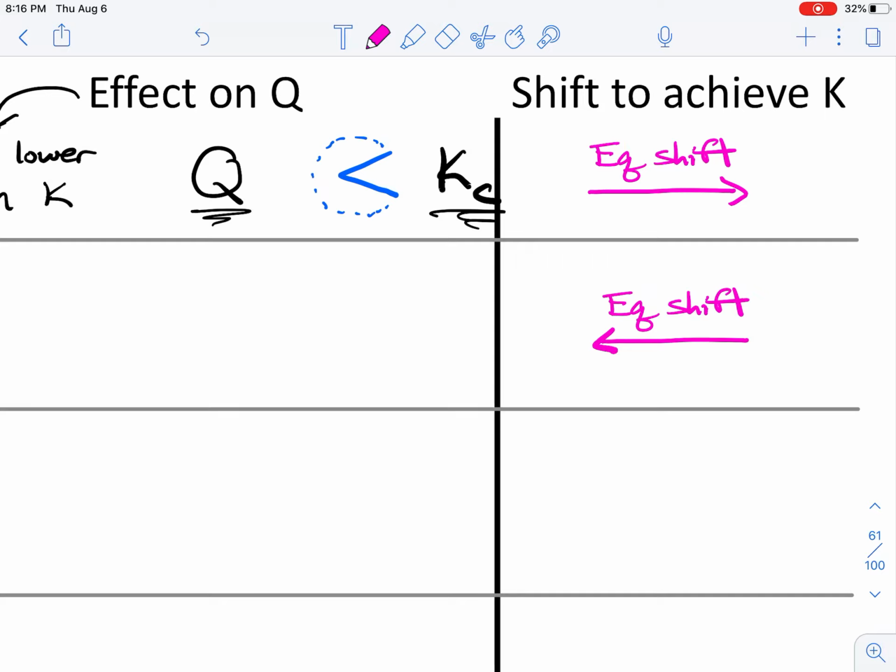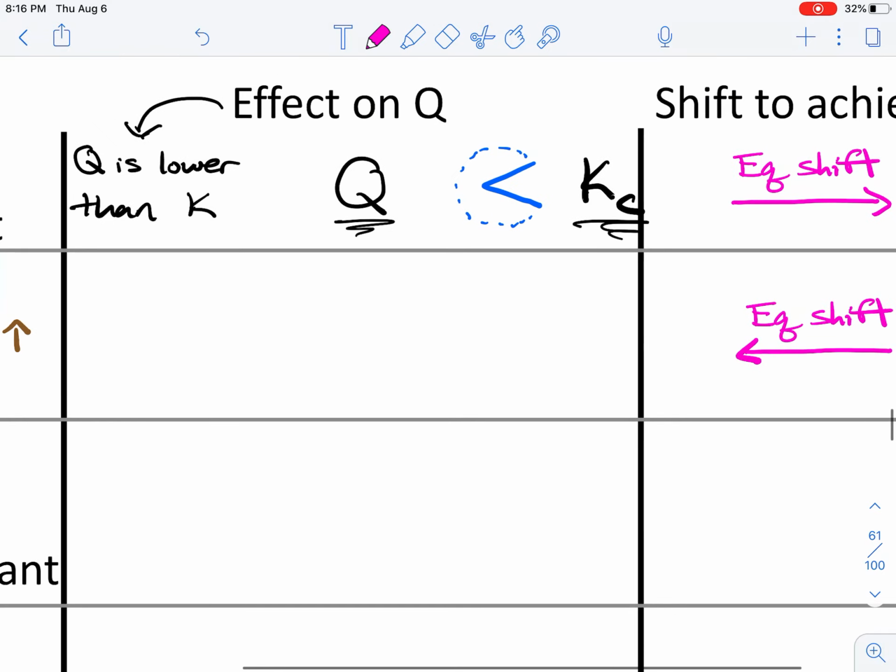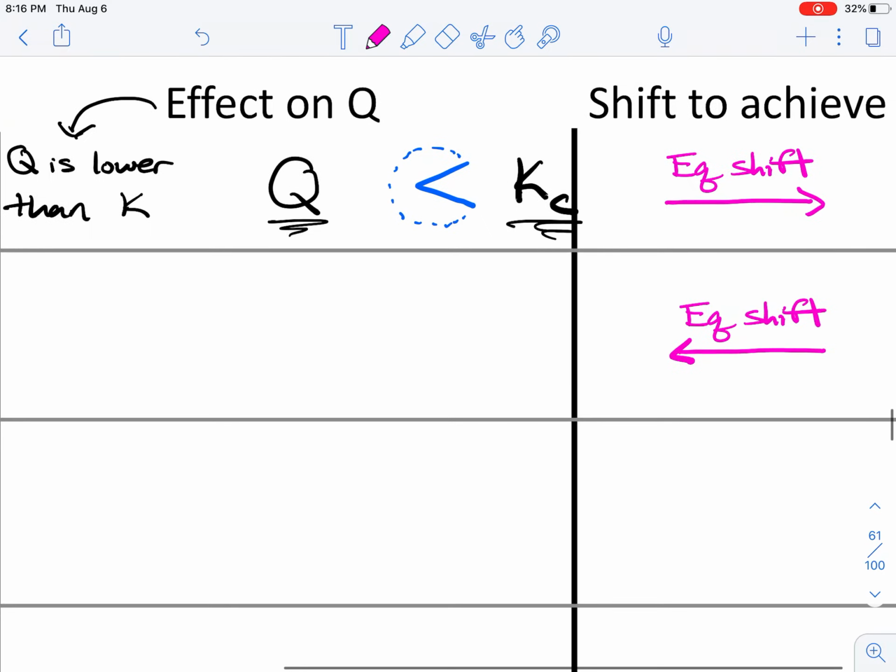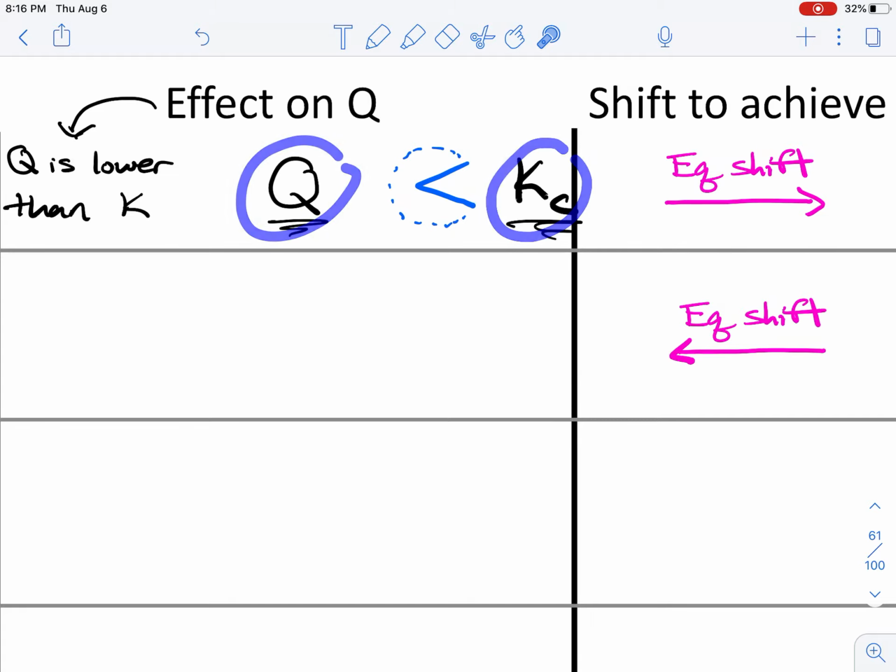And point the arrow the other way. And so if I know that my equilibrium is going to shift to the left, then what would be my relationship between Q and K?